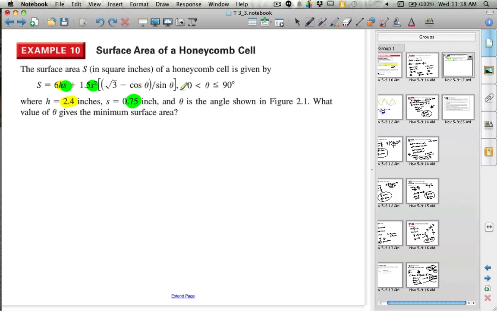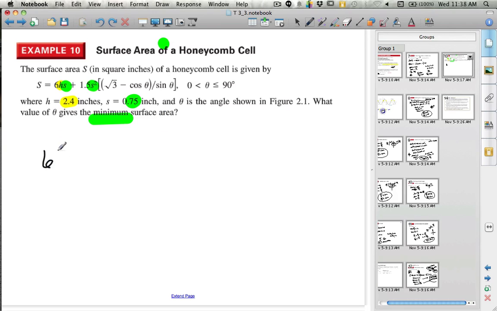And then we're going to look for angles. What can we do with this? We're going to look for the minimum surface area. So if we look at graphing something like this, we'd look for the minima if we make this into a polynomial. So let's go ahead and take a look at this and see how it plays out for us.